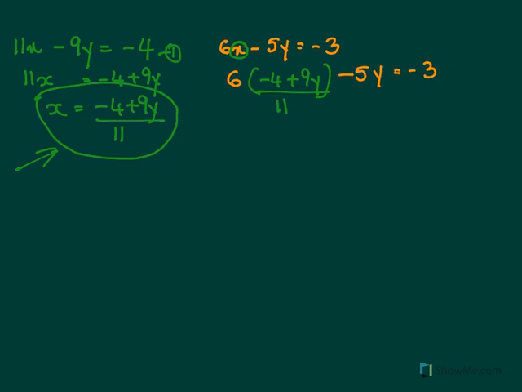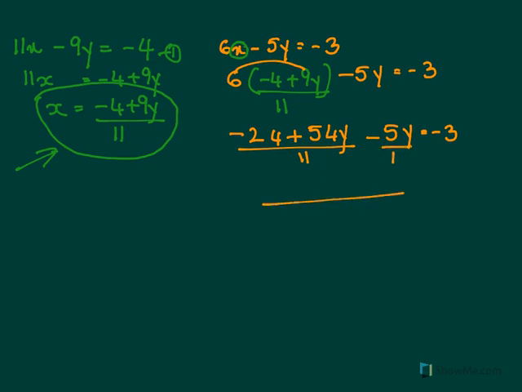Now when I open the bracket, 6 into 4 is minus 24, so here I have minus 24, and 6 into 9 is plus 54y over 11 minus 5y equal to minus 3. Now I know my LCM, this will be over 1 here, so my LCM will be 11. Here it is into 1, so there's no problem, but here this should be into 11, so this also should be into 11.